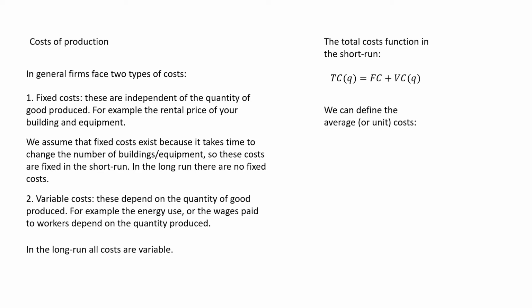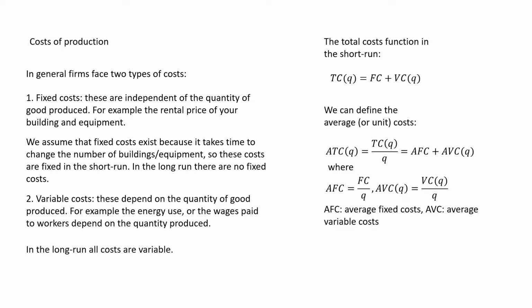The first one is the average or unit cost, which is nothing else than the total cost divided by the quantity produced. And because of the linearity of the total cost function, that also means that the average total cost or unit cost equals the average fixed cost plus the average variable cost.